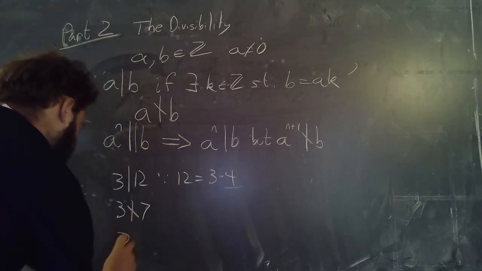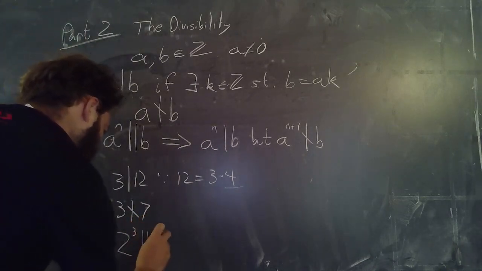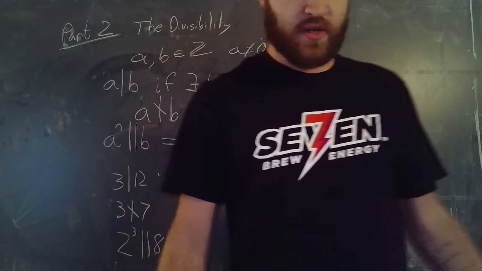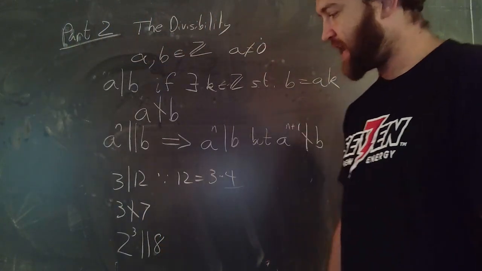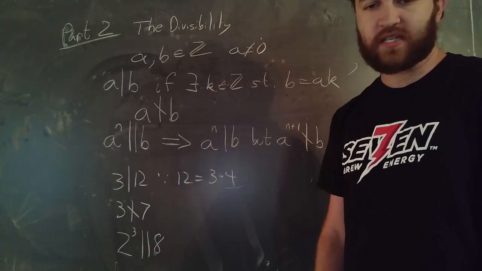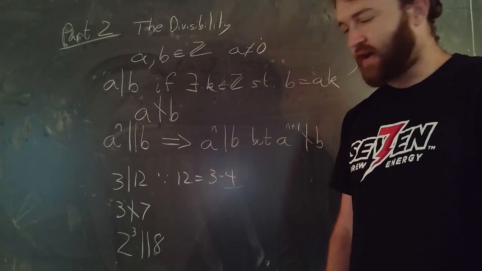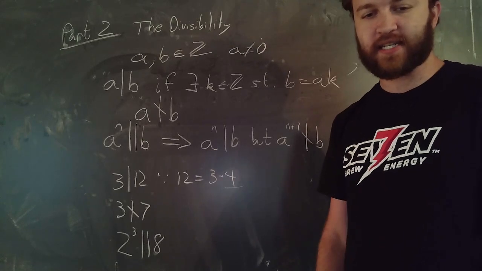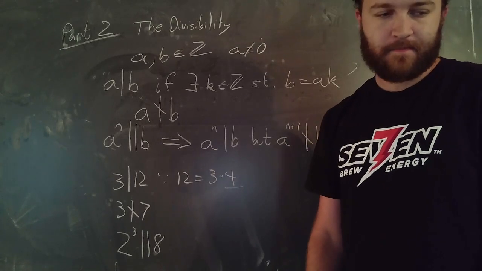And we can say things like 2 to the power 3 double divides 8, because 2 to the power 3, which is 8, obviously divides 8, but 2 to the power 4, which is 16, does not divide 8 because there exists no such integer that allows me to scale 16 to 8.